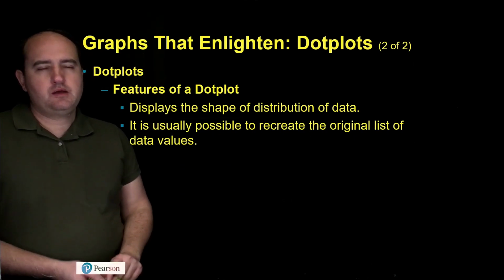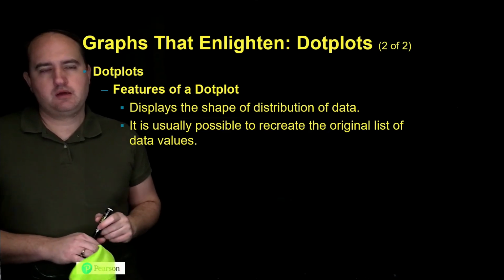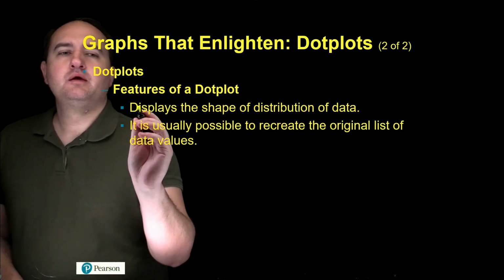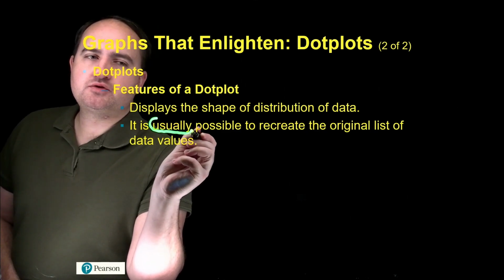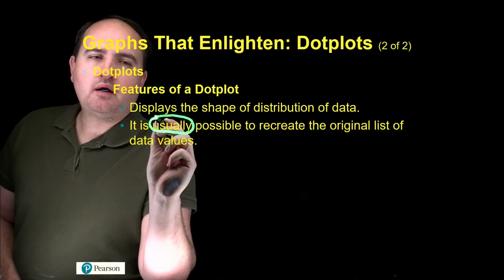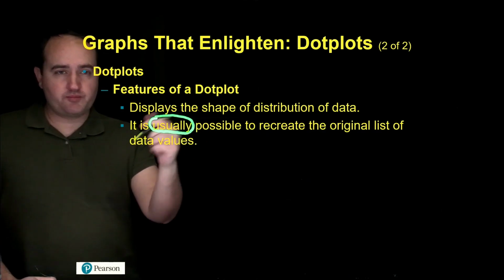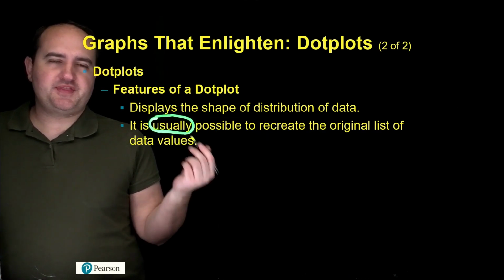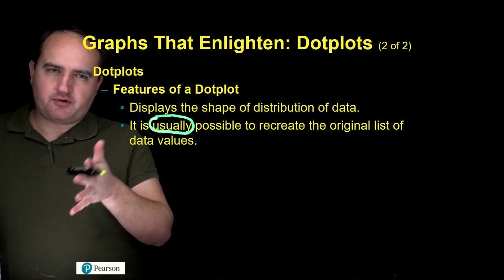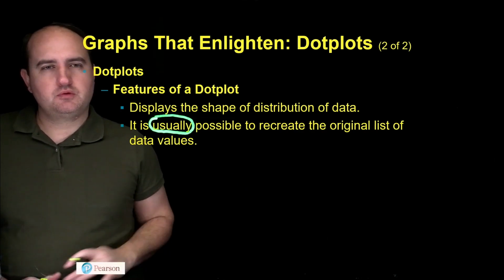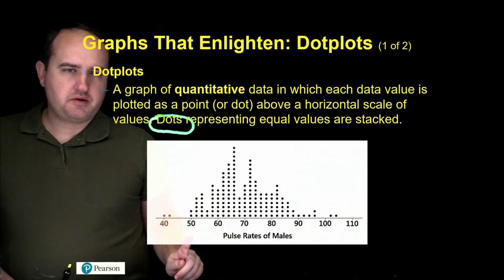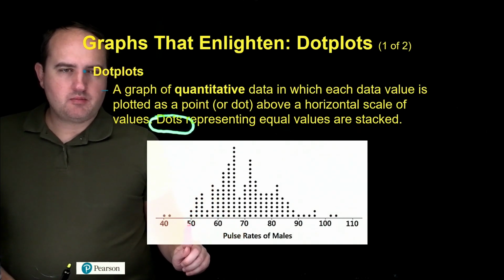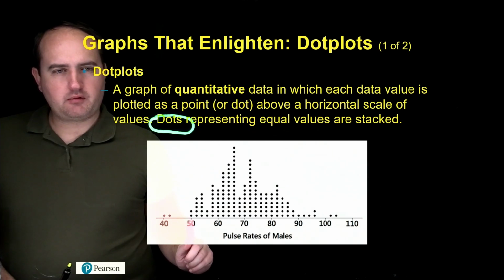Now, they say usually. I'm going to leave it at usually because as we saw on the dot plot on the previous slide, the issue is, for example, in that one, they're counting in twos. So someone might have a heart rate of 51, but how would we know if that person had a heart rate of 51 by looking at this?